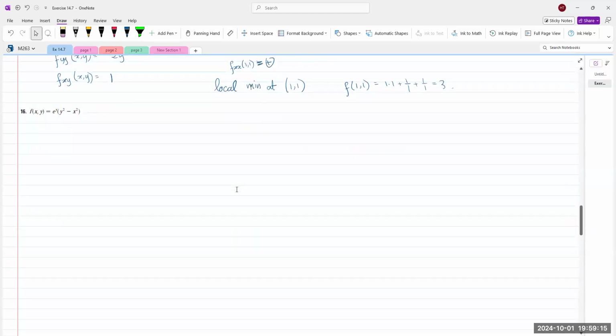Okay, that's for number 12. Number 16, we have that f(x,y) equals e to the y times y squared minus x squared. Now, this is not symmetric. We don't have the symmetry.